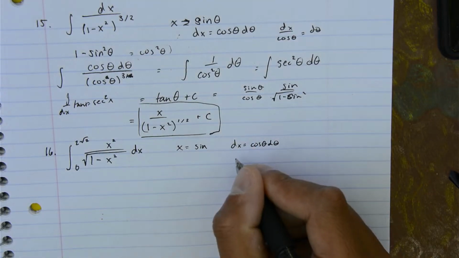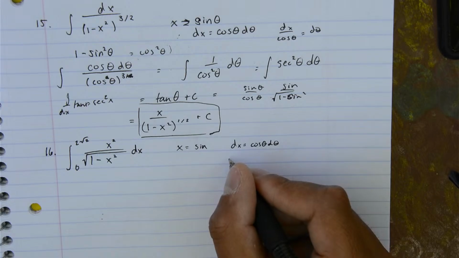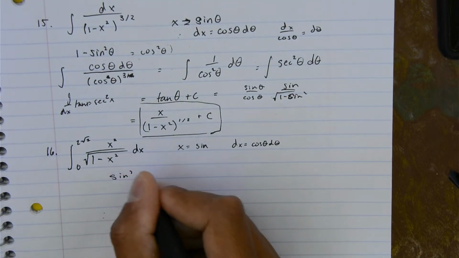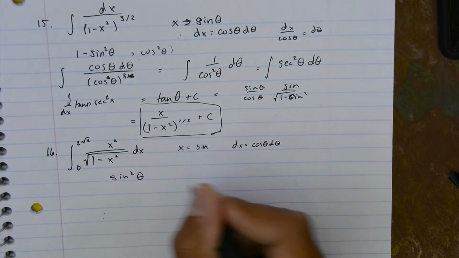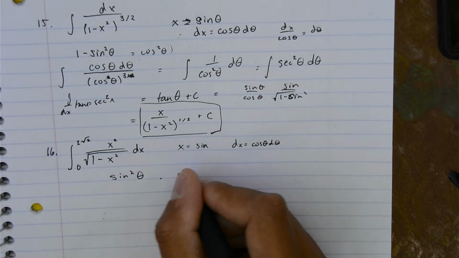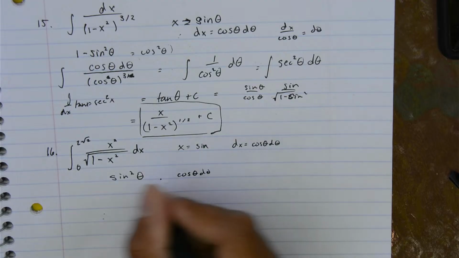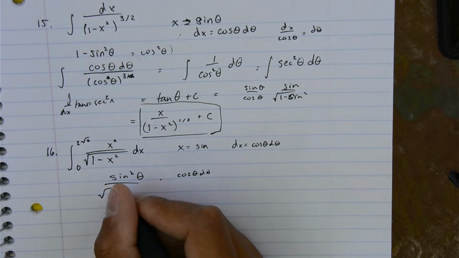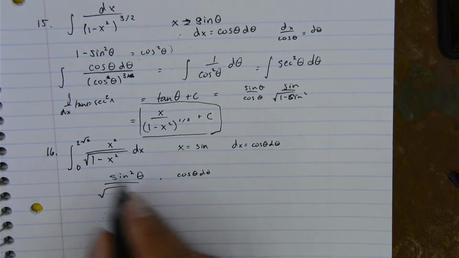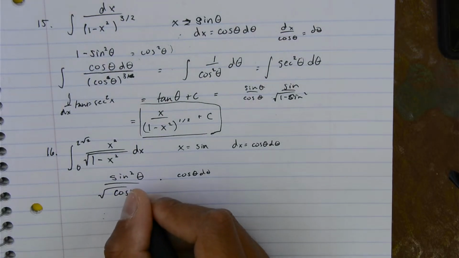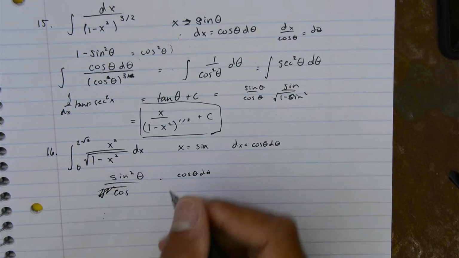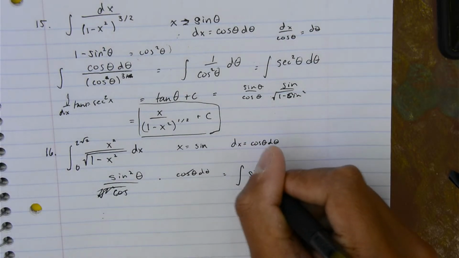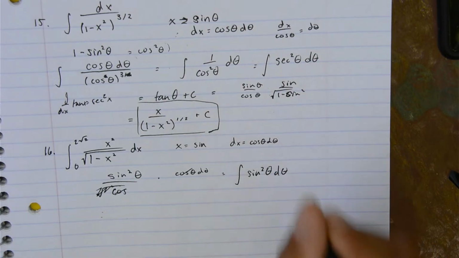Oh wait, you know what you can do? You can do sine squared theta times cos theta d theta over the square root of 1 minus sine squared, which is cos. So these cos cancel, and then you're just left with the integral of sine squared theta d theta.